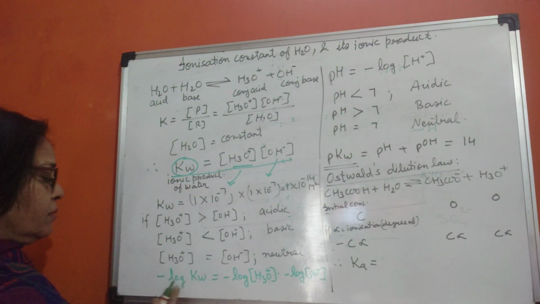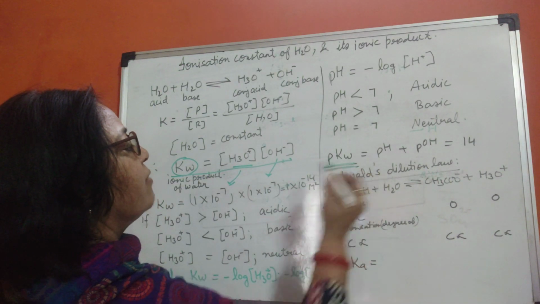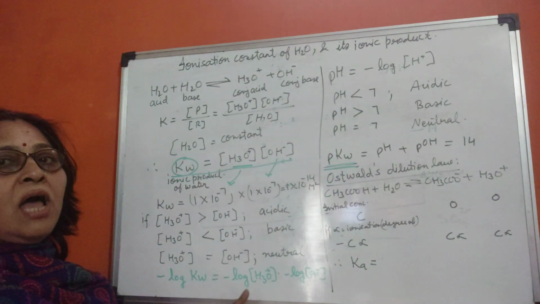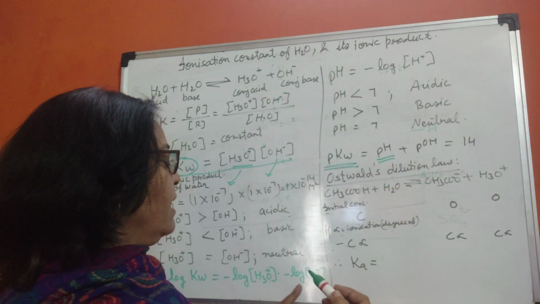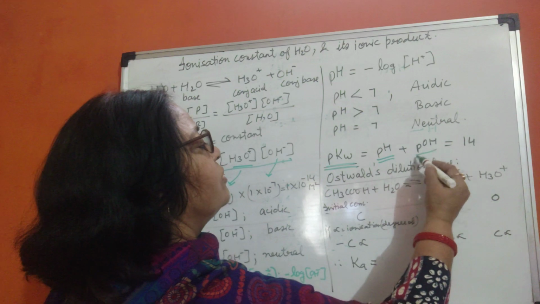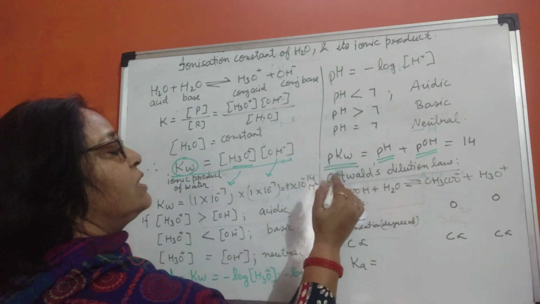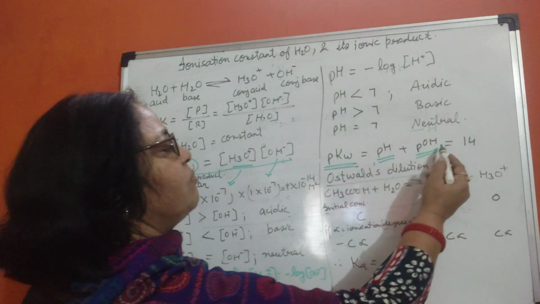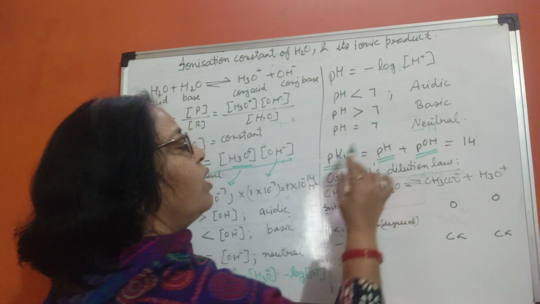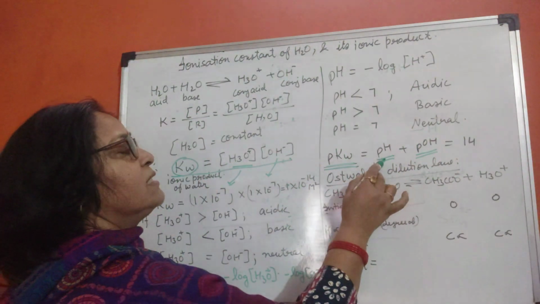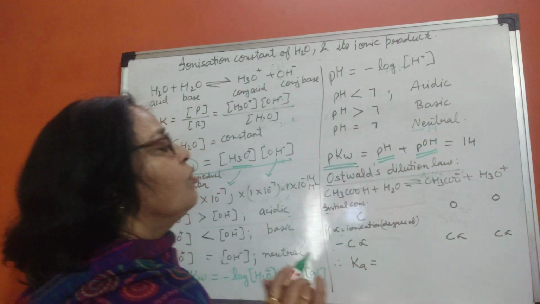Now this minus log Kw is denoted by pKw, this minus log hydronium ion is denoted by pH, and minus log OH negative is denoted by pOH. So from this we have the equation pKw equals pH plus pOH, and it is always equal to 14. As we know, for water pH is 7, pOH is also 7, so 7 plus 7 equals 14.